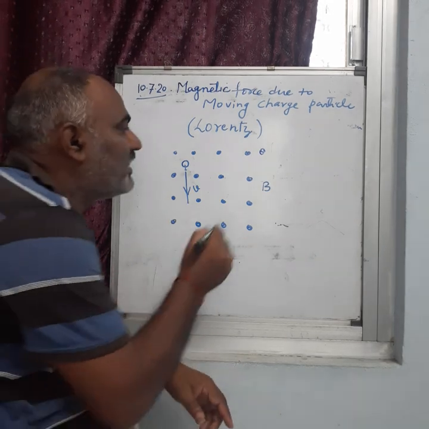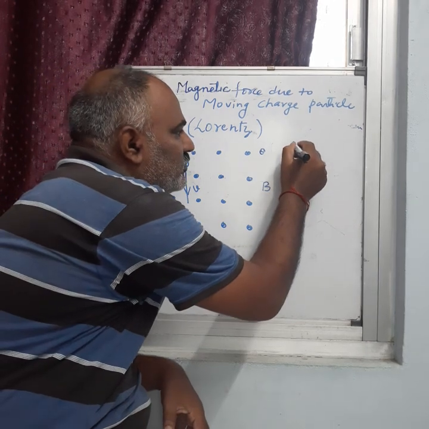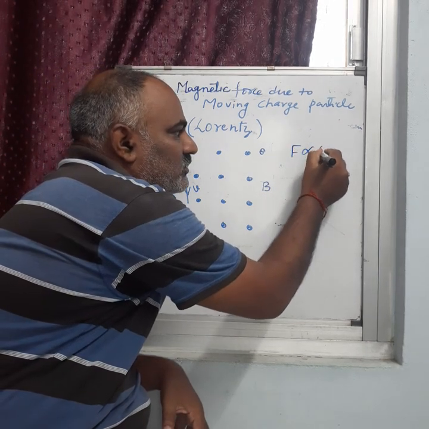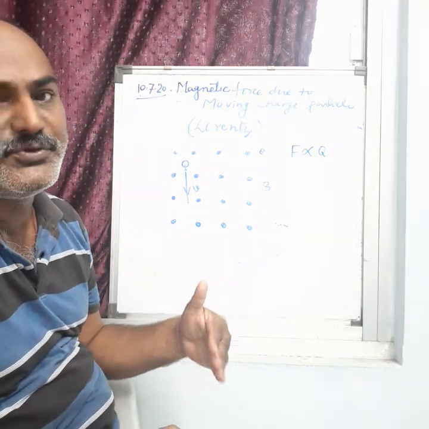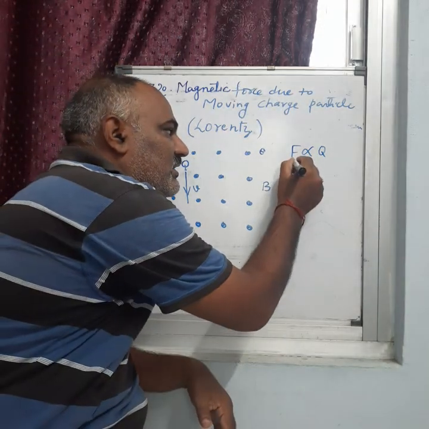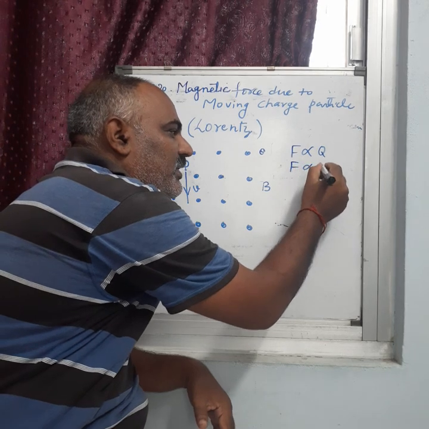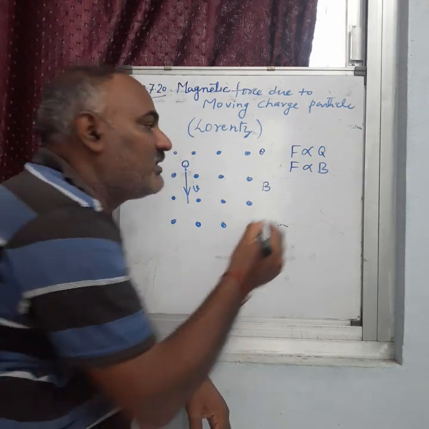He gave the concept that the force produced is directly proportional to Q, the charge magnitude. Force is directly proportional to B, the magnetic field.